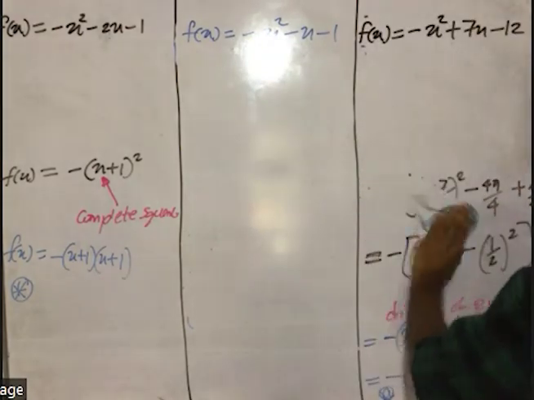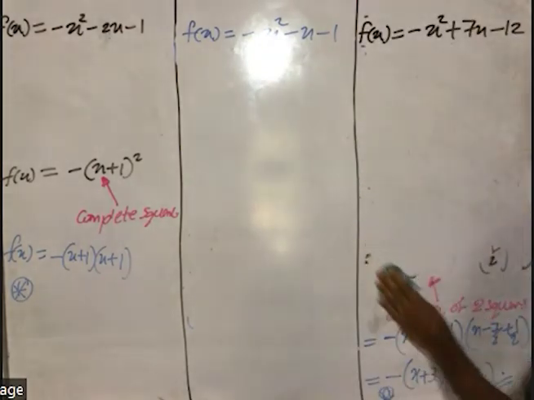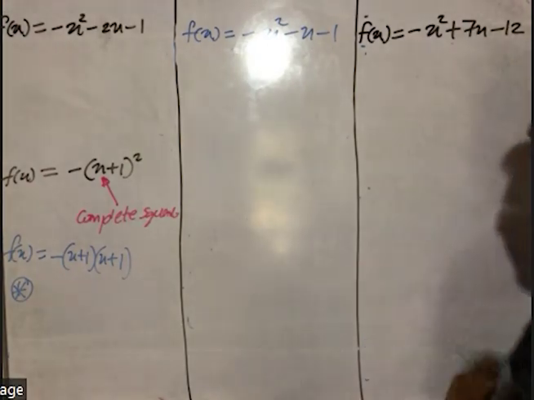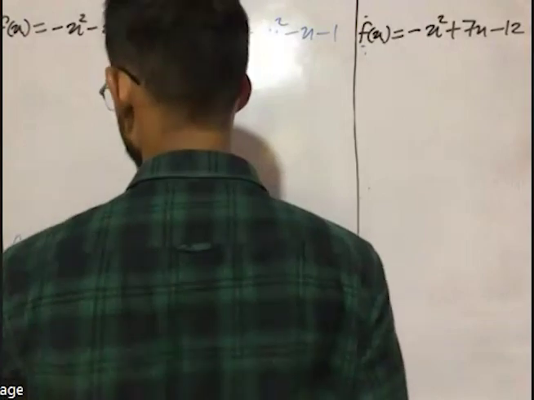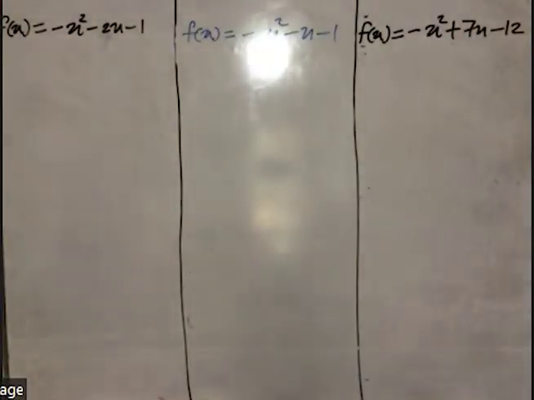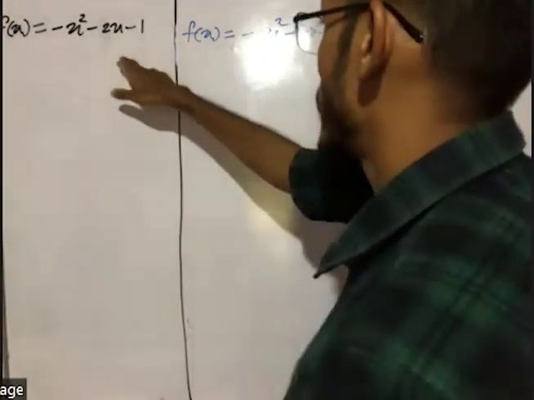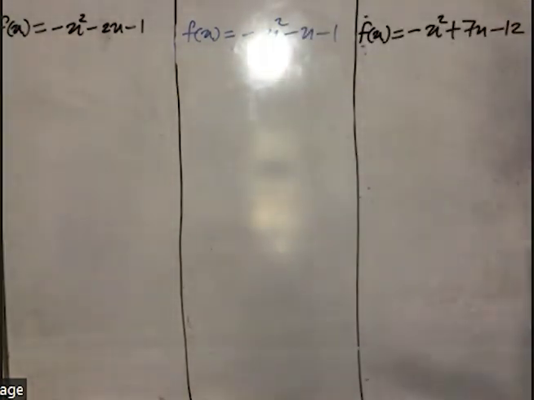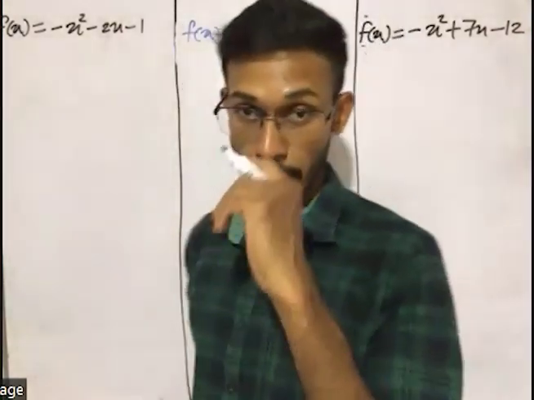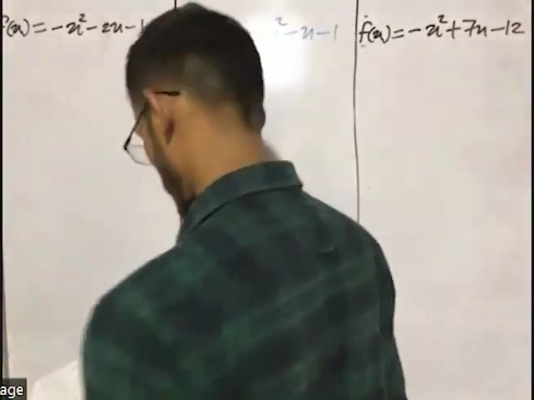Now look at this. Now I'm going to draw the graphs of these three functions. So first function, we had two equal factors.